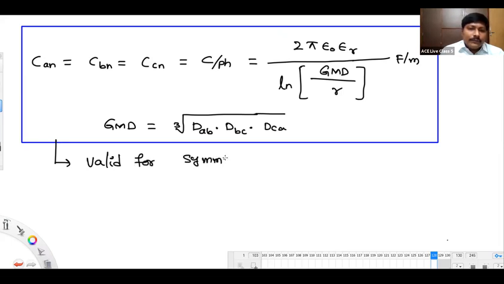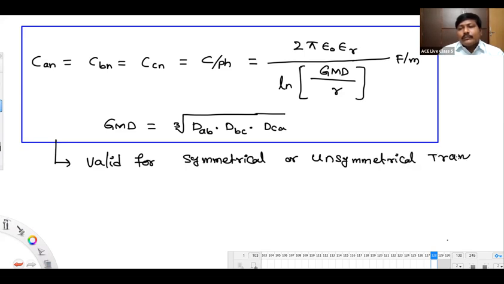Symmetrical, or unsymmetrical transposed system, transposed configuration, operating for balanced voltages.